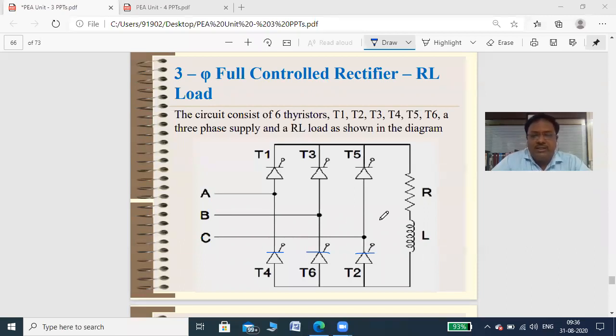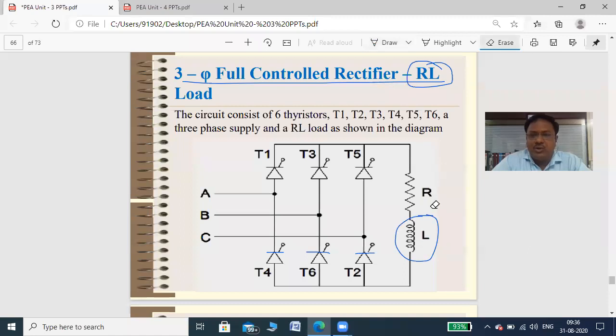So in this particular three-phase fully controlled converter for RL load, an inductive load, a large value of inductor is connected here. The working is as usual: one of the phases has the highest positive voltage, and one of the phases has the highest negative voltage.